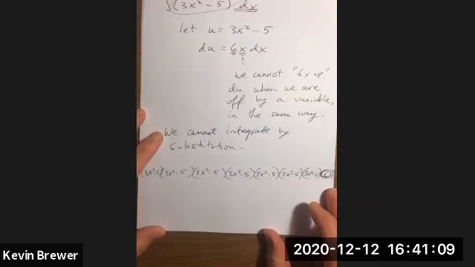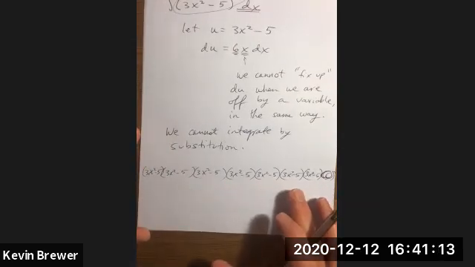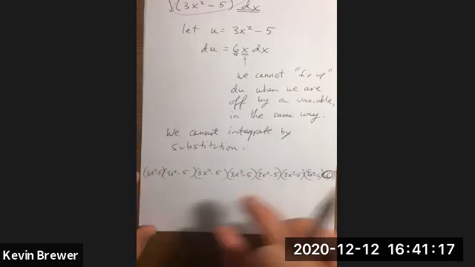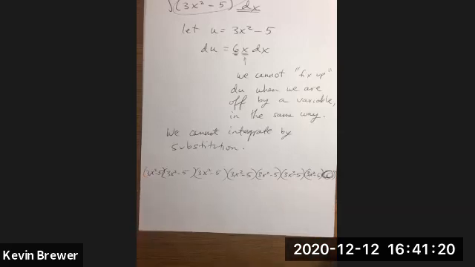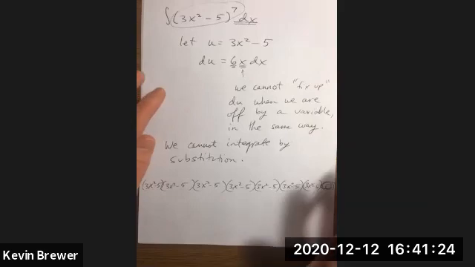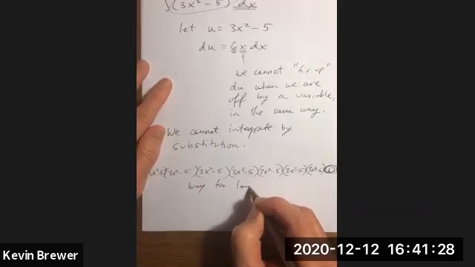We could, if we didn't have anything else to do, multiply this out. It would take a really, really long time, but then we would get this really long polynomial, and we could just use the anti-power rule and all those constants and everything. Way too long. And we're not going to do this.